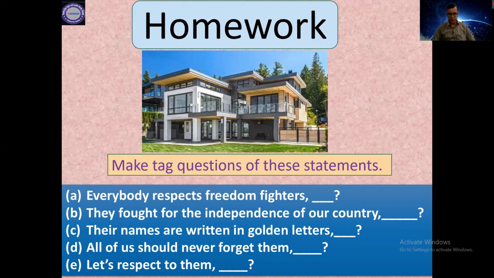Their names are written in golden letters. All of us should never forget them. Number E: let's respect them. So, dear student, try to do it to the best of your knowledge.